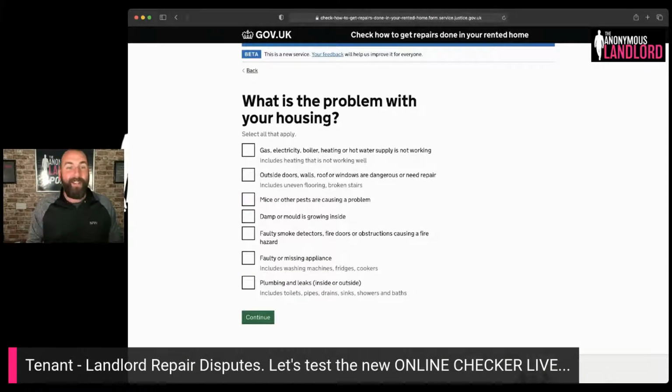Remember, this is what your tenant is going to have access to. So if you're one of those landlords that likes to put all the repairs on the tenant, or doesn't like to get repairs done because you don't like spending money, then this is what your tenant will now have access to. This is also part of the government's overall plan to really tidy up the private rented sector. On one hand, I'm a big supporter of that.